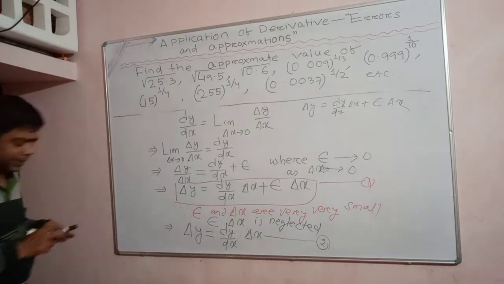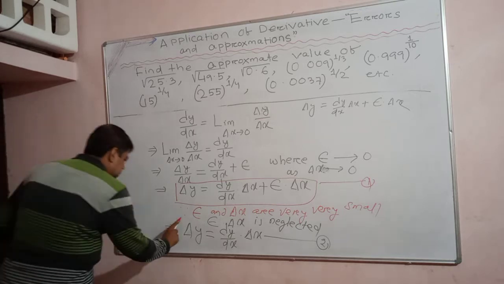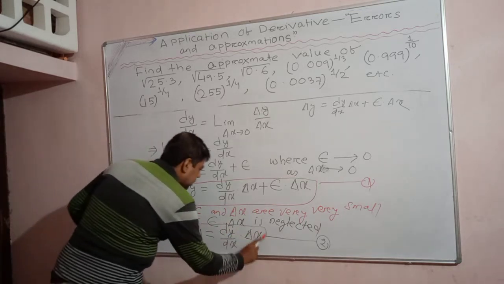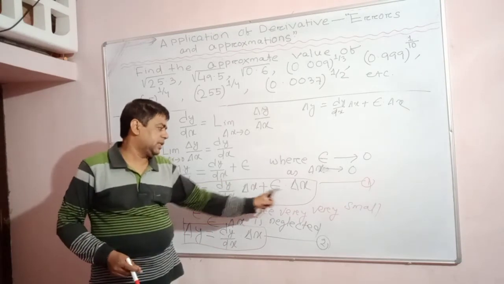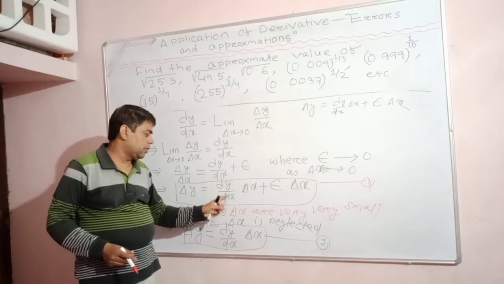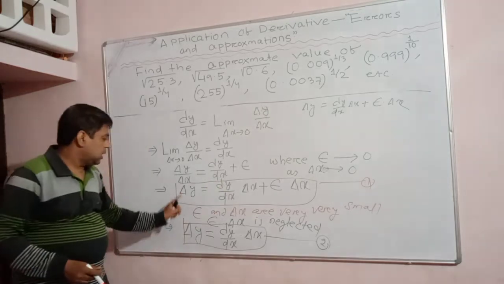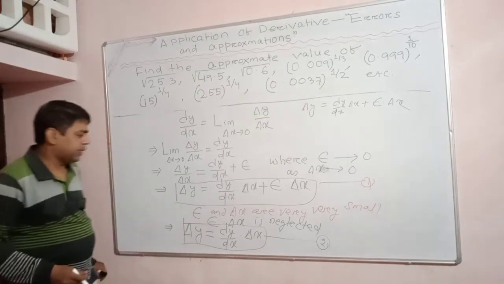So we got another concept. This is the part which is rejected; this is the principal part of the value, dy by dx into del x. This is the approximate value we can say.